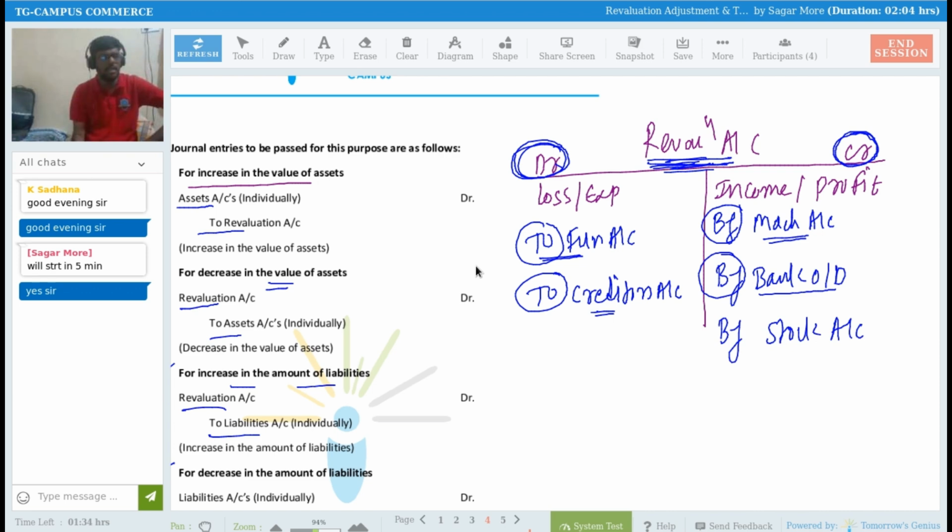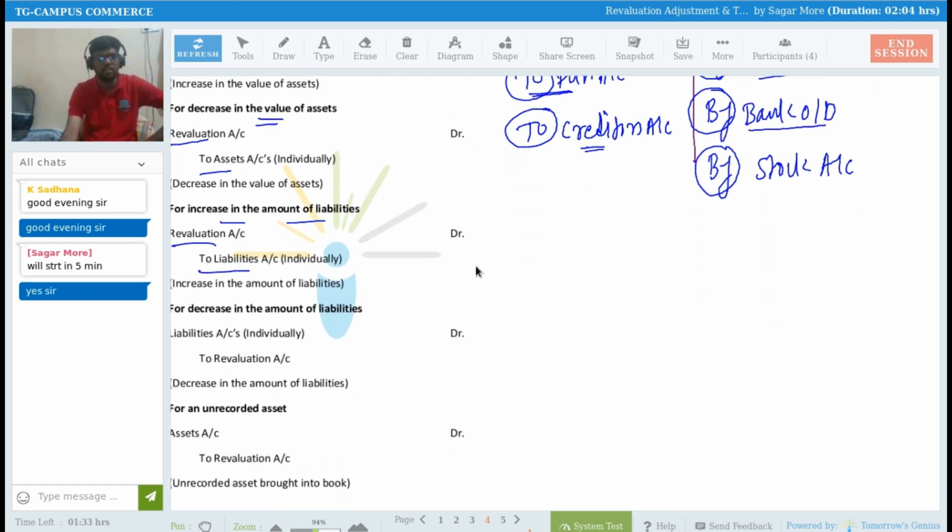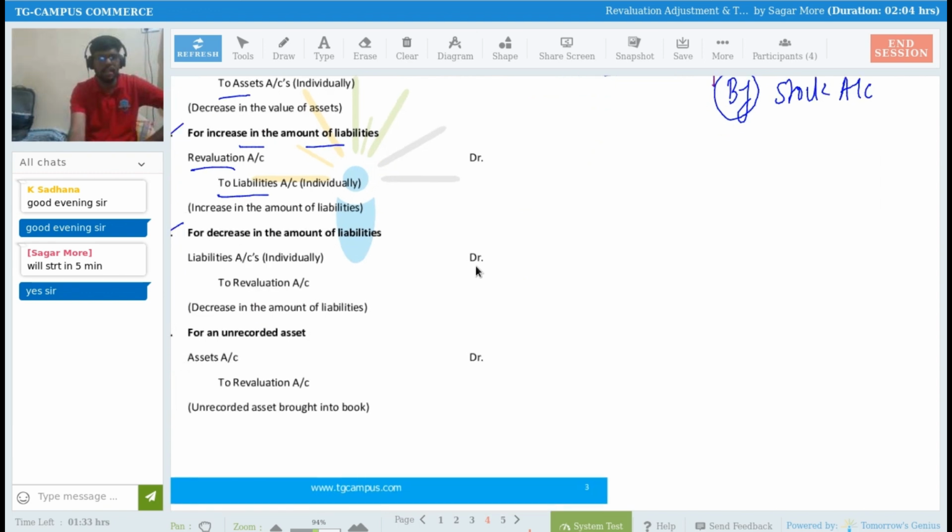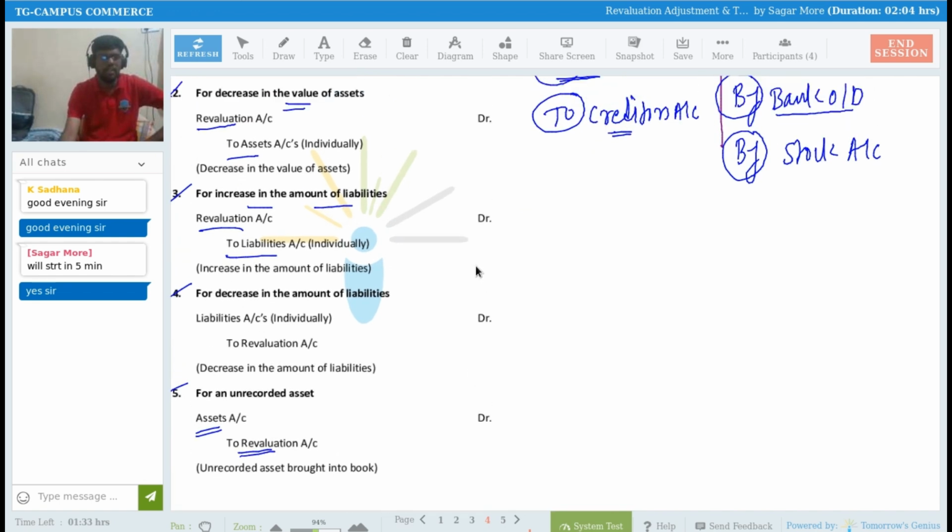So I will be passing the journal entry the same way. Revaluation account is credited here, so we have to debit what? We have to debit that unrecorded asset account, that is stock in my example. Stock account debit to revaluation account, or any asset account debit to revaluation account. See here, for an unrecorded asset, the entry will be: you have to debit the asset and credit the revaluation account, right?